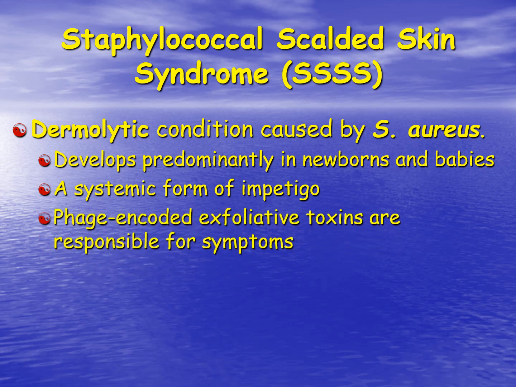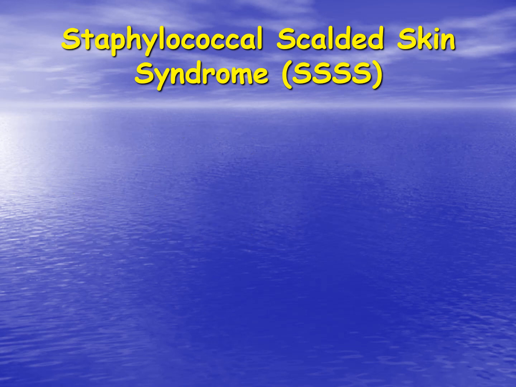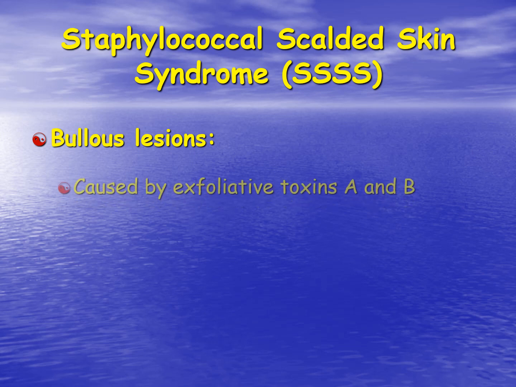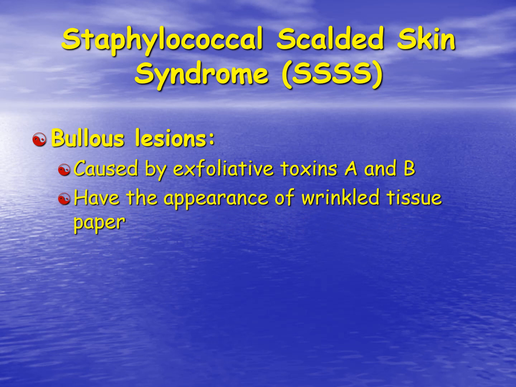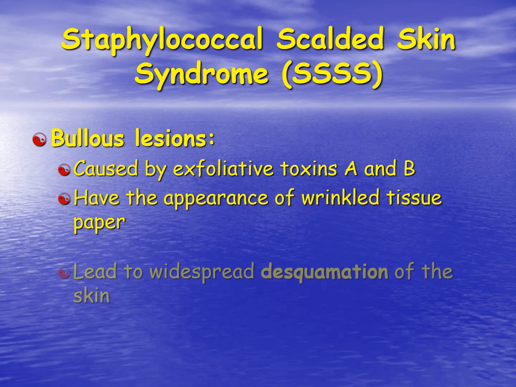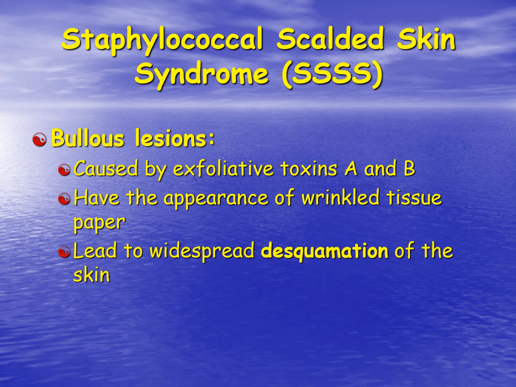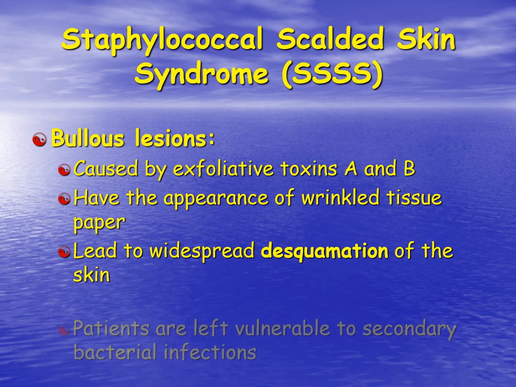Phage-encoded exfoliate toxins are responsible for the symptoms, and literally the skin just sloughs. Bullous lesions are caused by exfoliate toxins A and B and have the appearance of wrinkled tissue paper on the surface of the skin. This leads to widespread desquamation of the skin, in other words, sloughing of the outer layers of the skin.